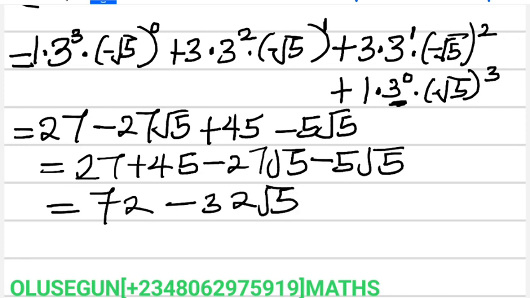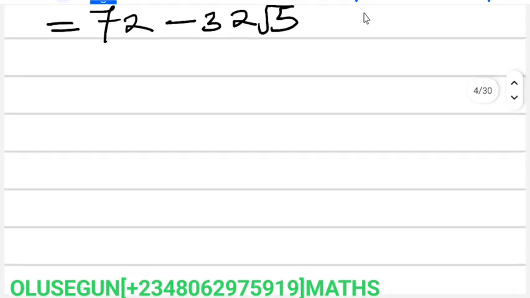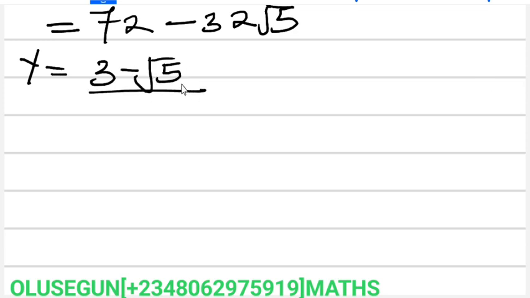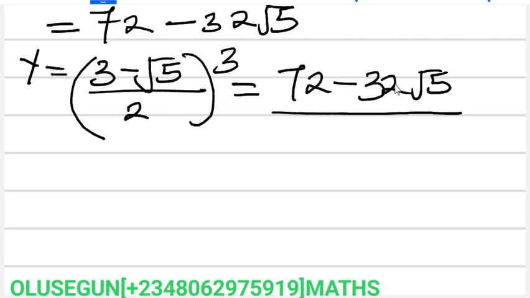So now let's go back to our value of y. Recall that our y is equal to 3 minus root 5 all raised to power 2, all in cube. So it means that y is equal to 72 minus 32 root 5 divided by 8.